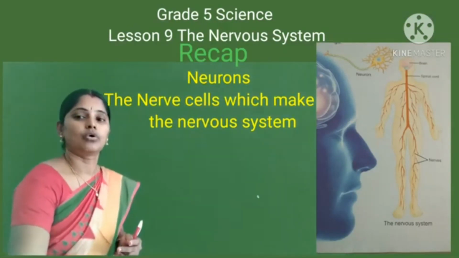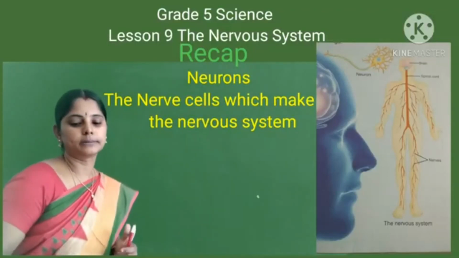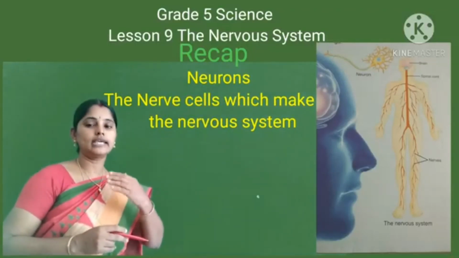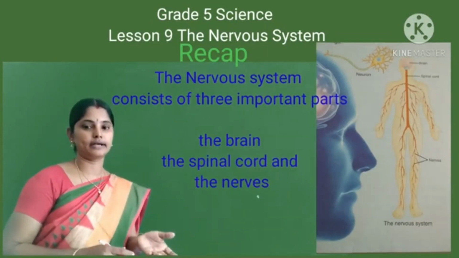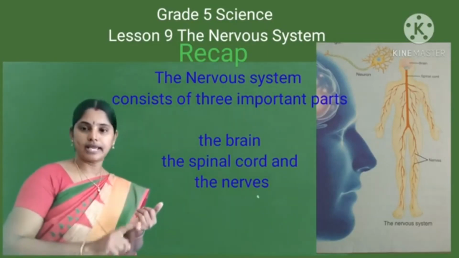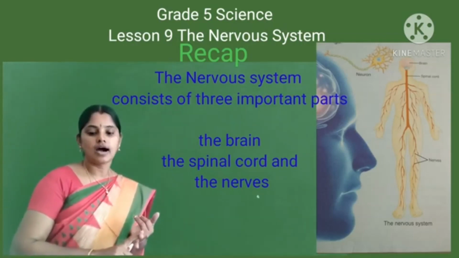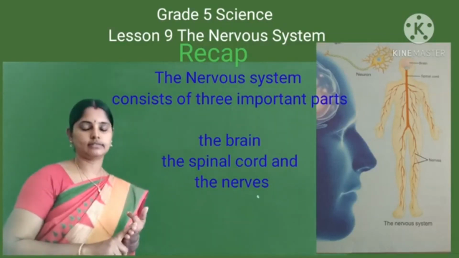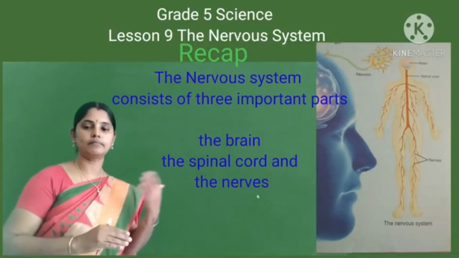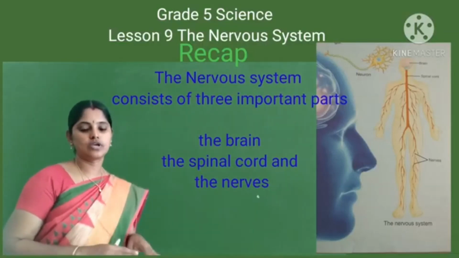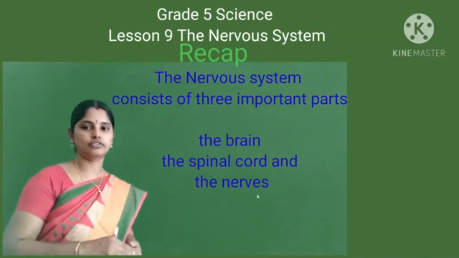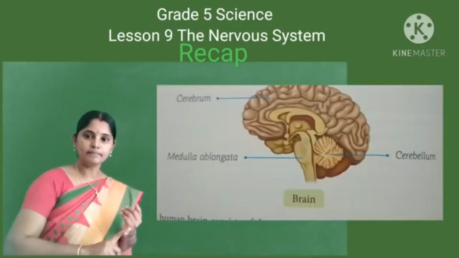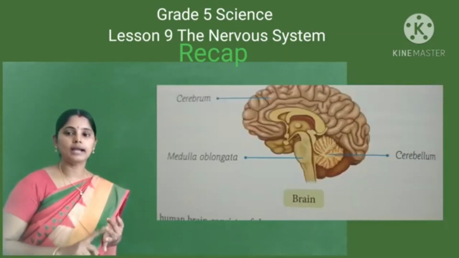Then what are the 3 important parts of the nervous system? Brain, spinal cord and nerves. If we go into the brain, what are the 3 important parts of the brain? Cerebrum, cerebellum and medulla.